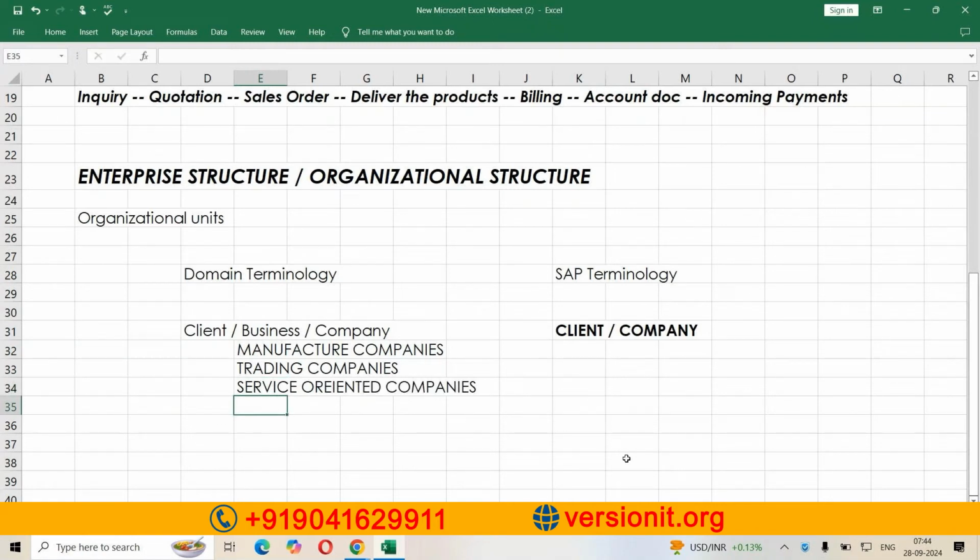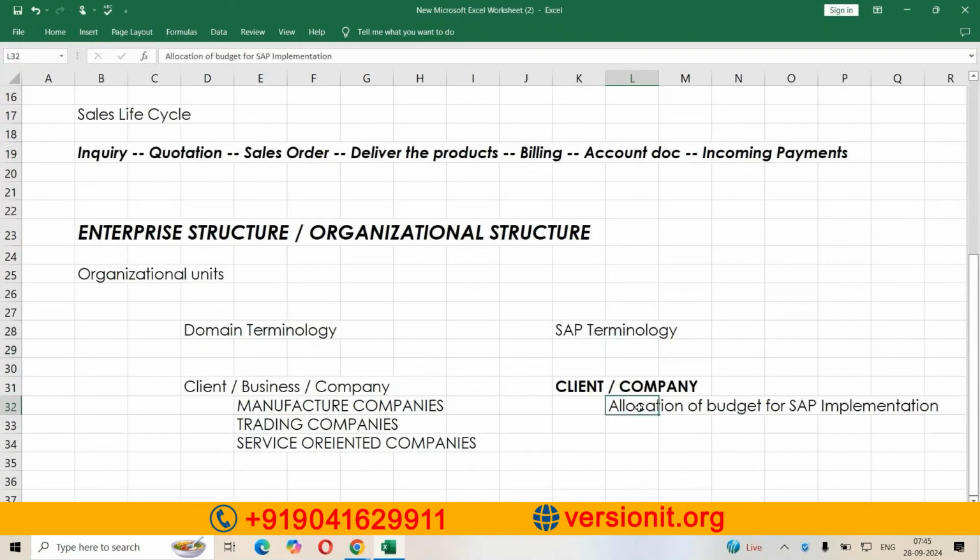All these companies we are going to be calling a client or a company in SAP terms, and it is going to be responsible for allocation of budget for SAP implementation. So how much amount needs to be spent on SAP? The client is the one who will be taking the responsibility of it.